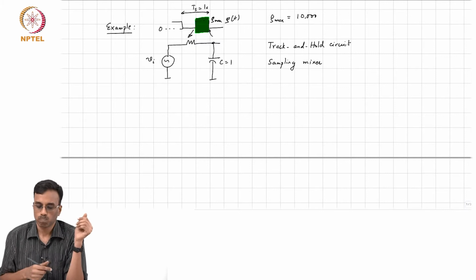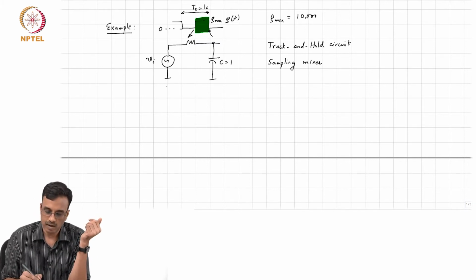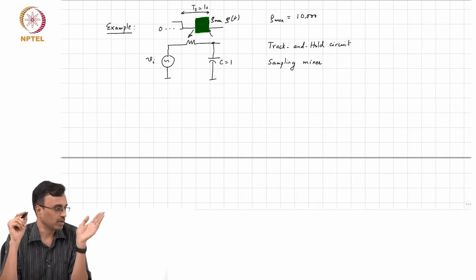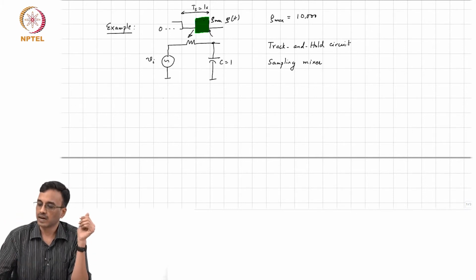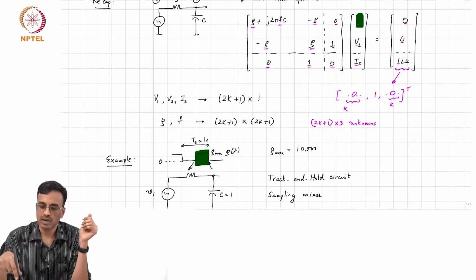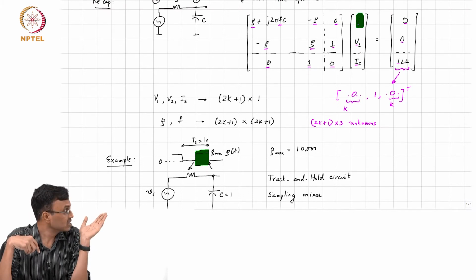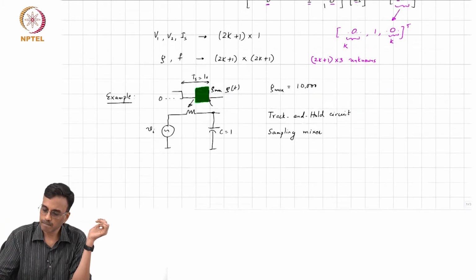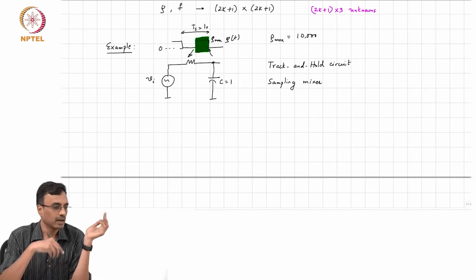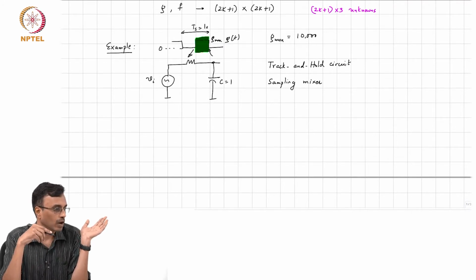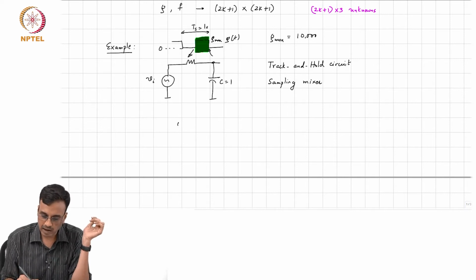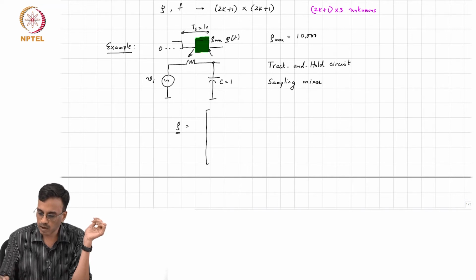So, as usual, you can write the MNA stamps of all this and set up a bunch of equations. It will be this set of equations where that G is basically, we already saw that the conductance matrix G is nothing but, what will it be now? What will be the first term?